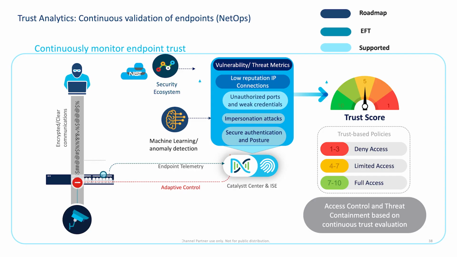The goal of trust analytics is to evaluate and monitor the risk as well as the trustworthiness of endpoints by examining various factors. These factors include positive inputs such as the security authentication as well as the posture details from ISE.